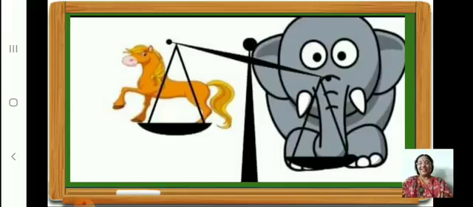And the horse on the left hand side is light, so the weighing scale is slightly towards the upper side. Okay, children? So children, always remember that the heavier side of a weighing scale always moves down. Okay?